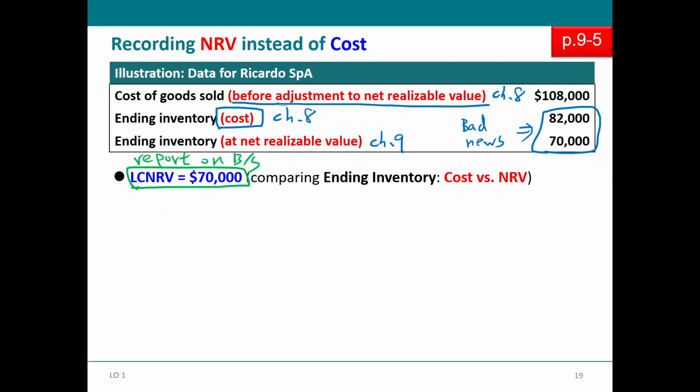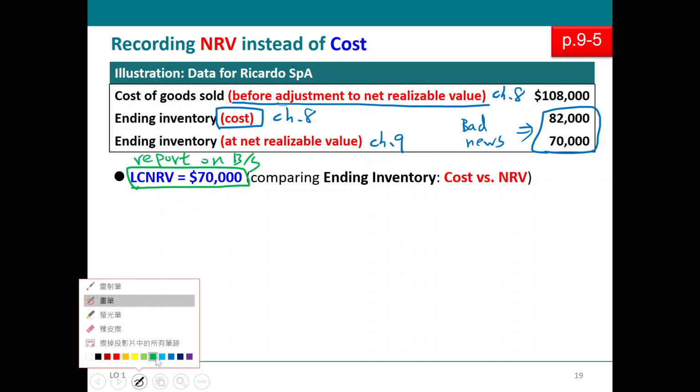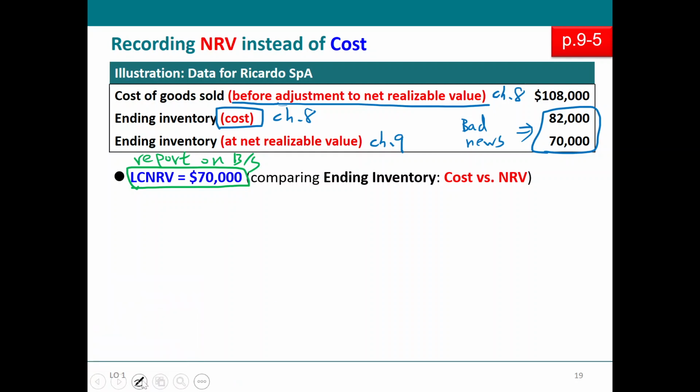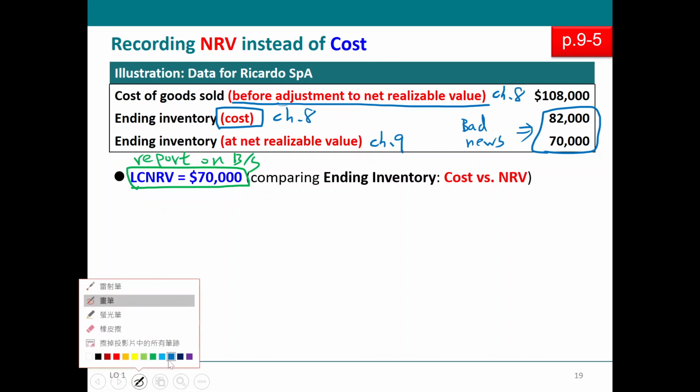Okay? But before you do anything, you look at the accounting books. What's the number on the accounting books right now? 28. Not 28, sorry. 82. $82,000. Because after chapter 8, we have the number 82 on your accounting books right now.